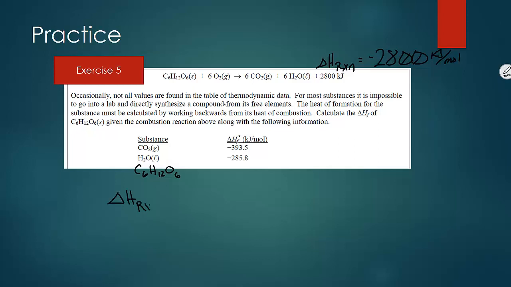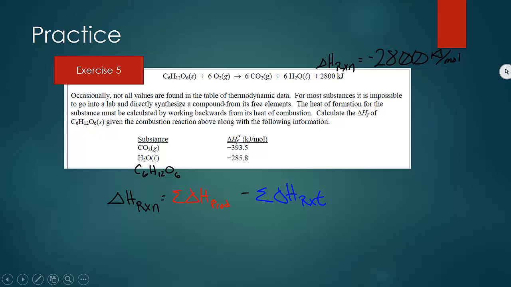Now, that value had to come from the sum of the enthalpy of the products minus the sum of the enthalpy of the reactants. So let's plug in the values we have and see if we can figure out where we're missing something.